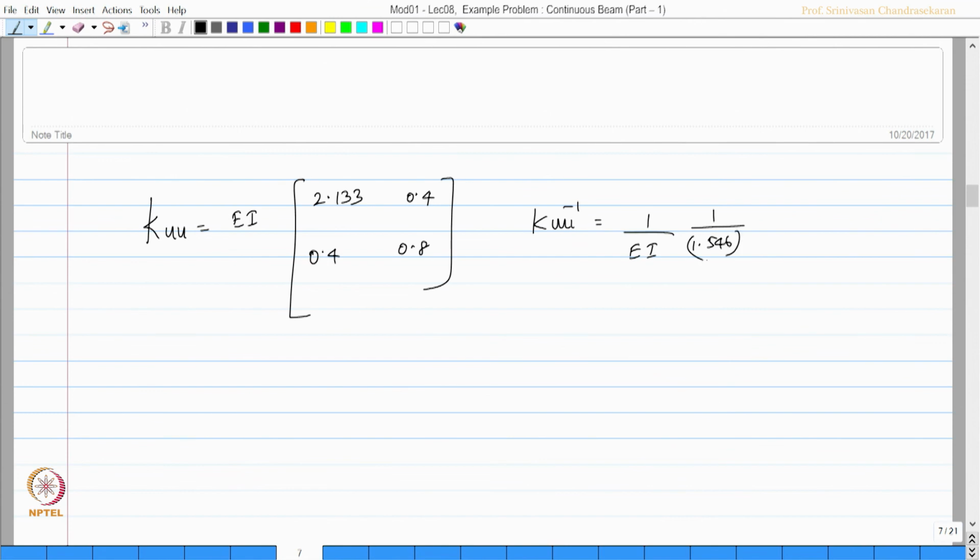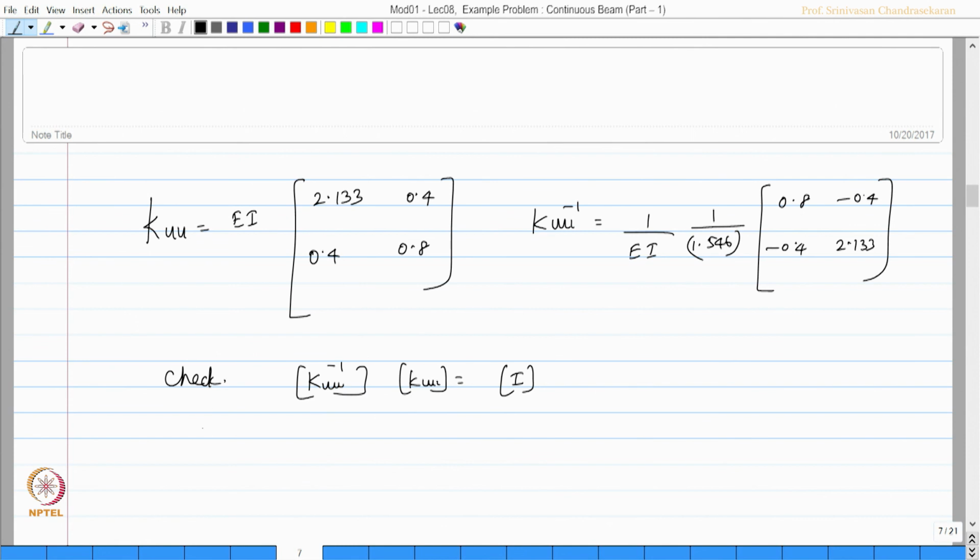I want you to compute this and check, you will get the values as 0.8, 2.133, minus 0.4, minus 0.4. I can also check that KUU inverse multiplied by KUU should give me the identity matrix.